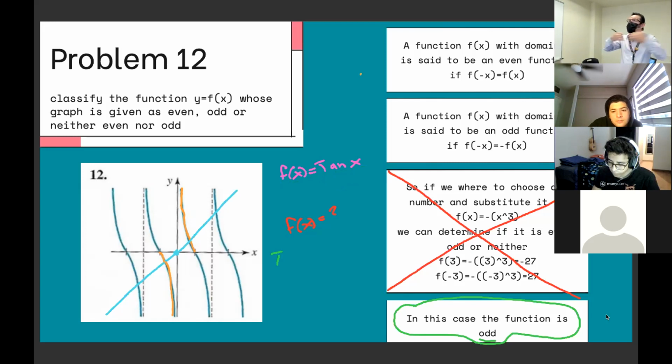It can actually be any function, okay? When we're given just the graph, we need to determine if it's even or odd based on the symmetry. Either we have symmetry with regards to x, or we have symmetry with regards to the origin. And if we have neither, then it's neither even nor odd, okay?